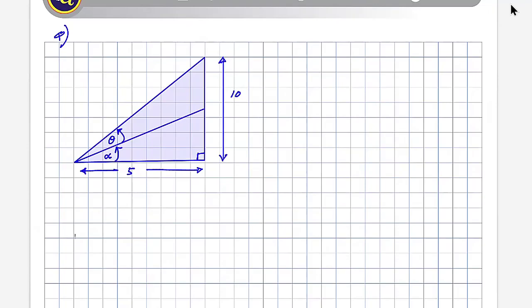This length is 15. Actually, you don't need this. Hold on.